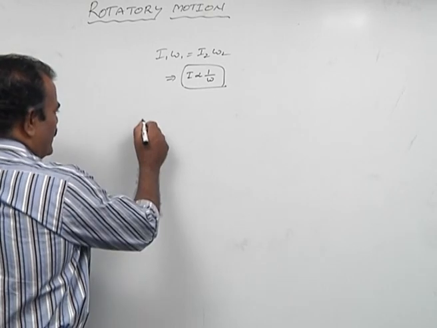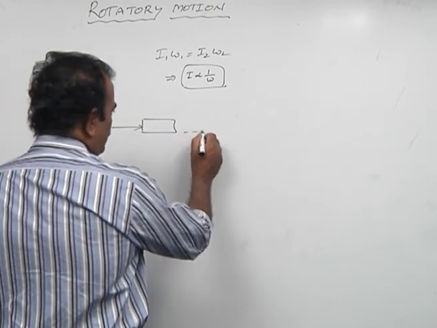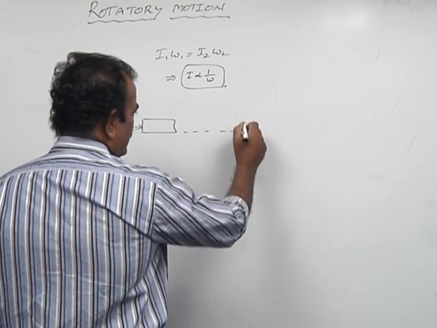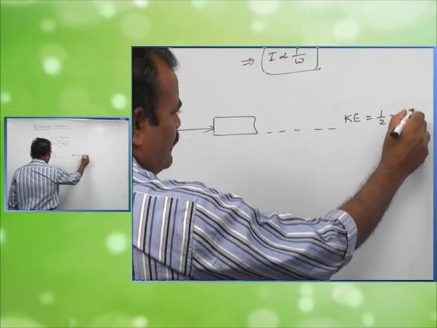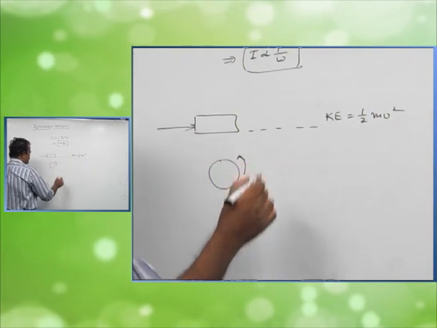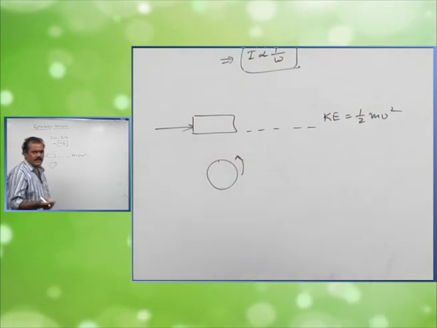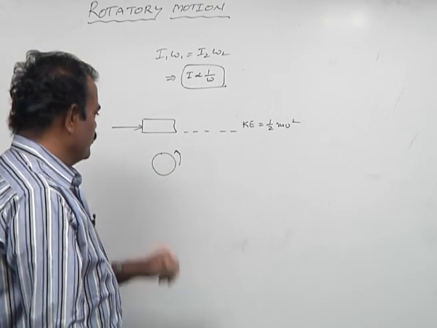Suppose the body is there and a force is applied on it and the body gets a translatory motion, then it will have the energy, that is KE equal to half mv square. Suppose a body is rotating in place, just like a fan. It is purely having rotatory motion.